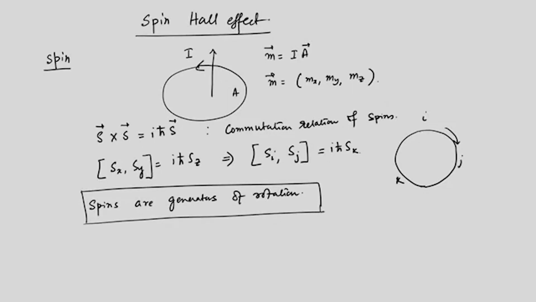So, what is important for us are these spin half particles, which are nothing but electrons. There is a special notation that is used for the spin half particles or the electrons, and these are called Pauli matrices.